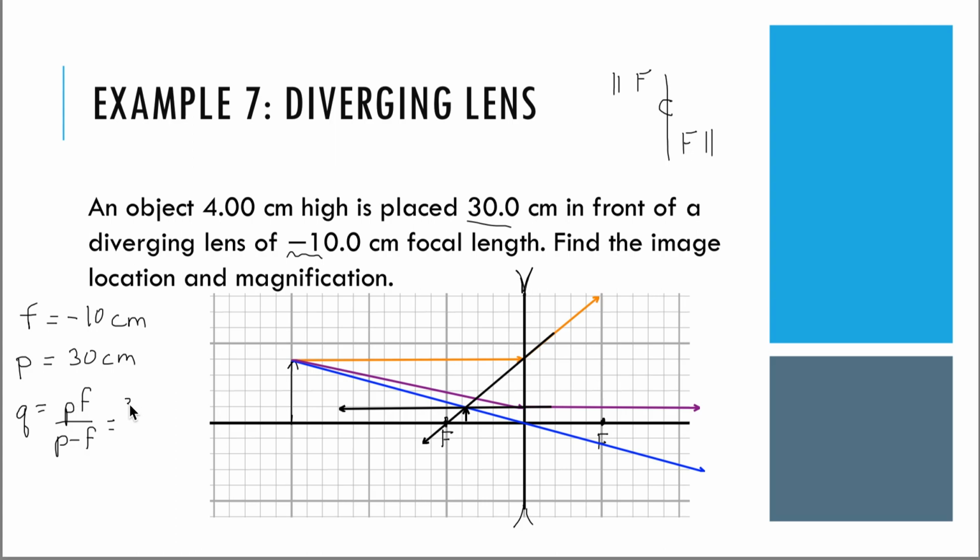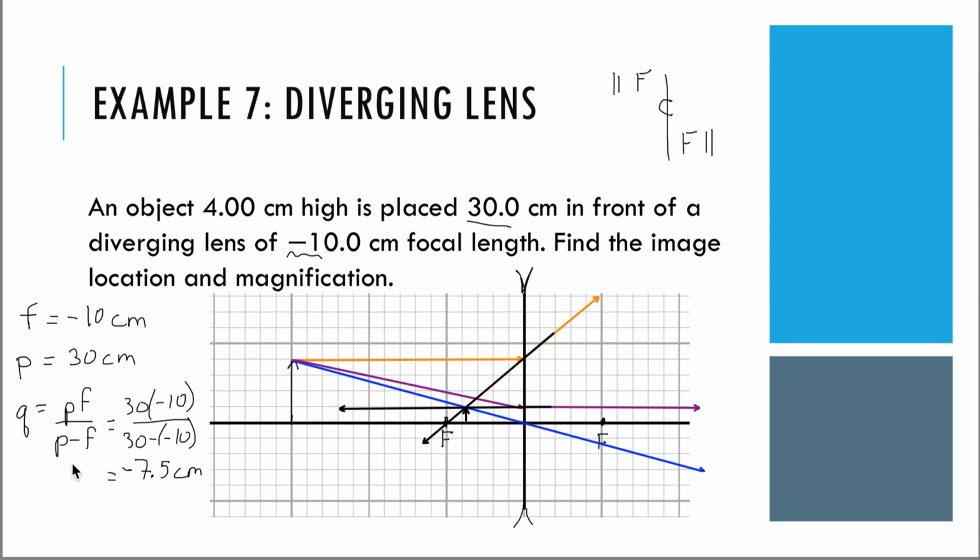So we get 30 times a negative 10 divided by 30 minus a negative 10. So we get negative 300 over 40, which gives us negative 7.5 centimeters. So you can see that it wasn't exactly on this grid line here. It's negative because it's in front of the lens, it's a virtual image.